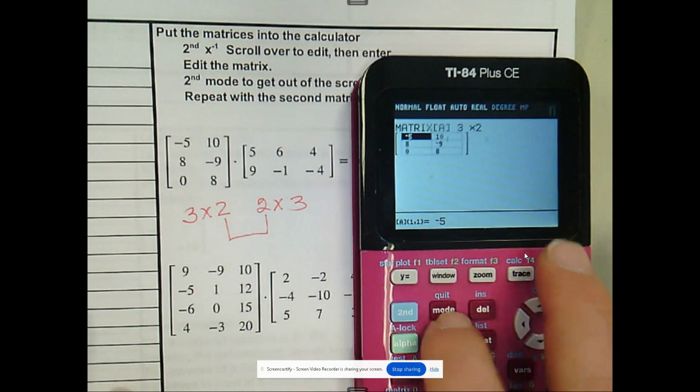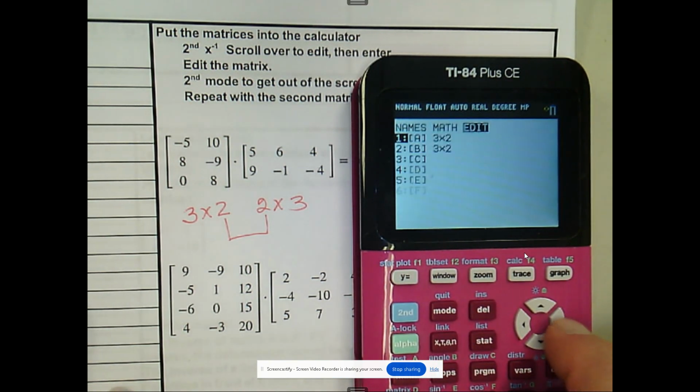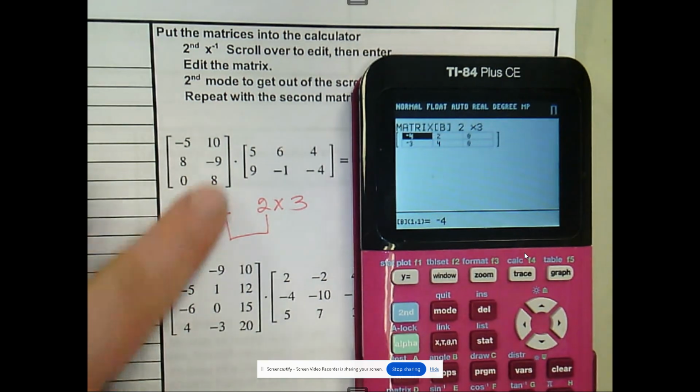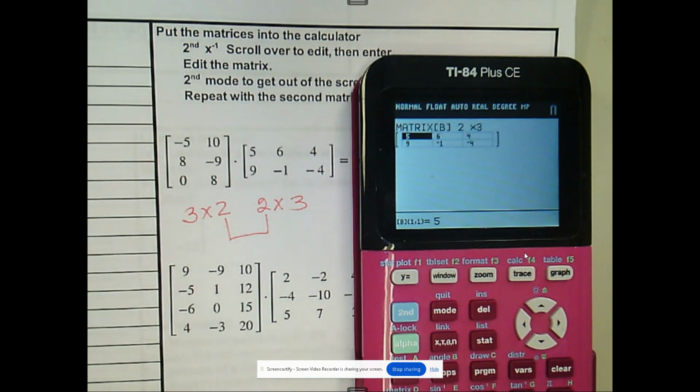Okay, second mode, second matrix, go over to edit, go down to matrix B. This one needs to be a 2 by 3, and it is 5, 6, 4, 9, -1, -4. Hit enter in between each of them.